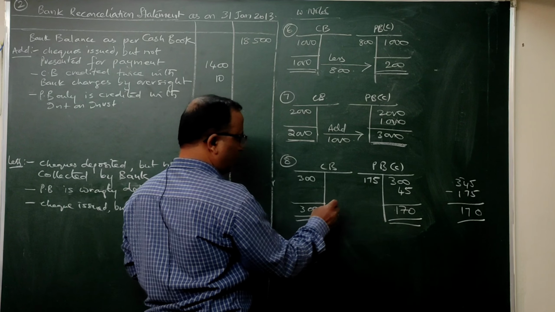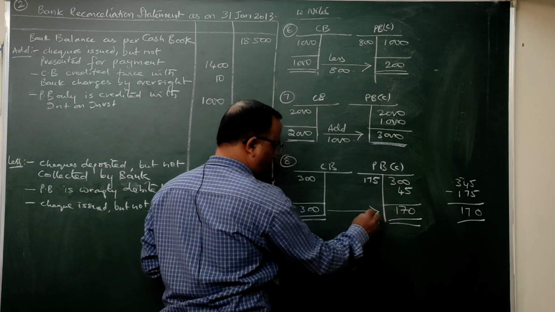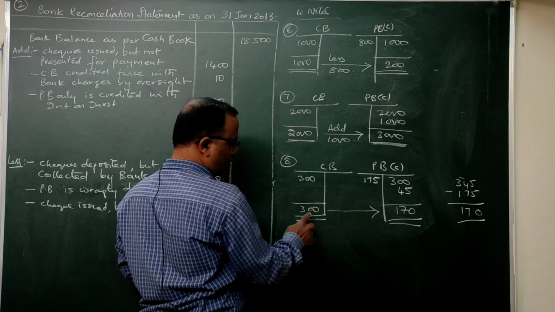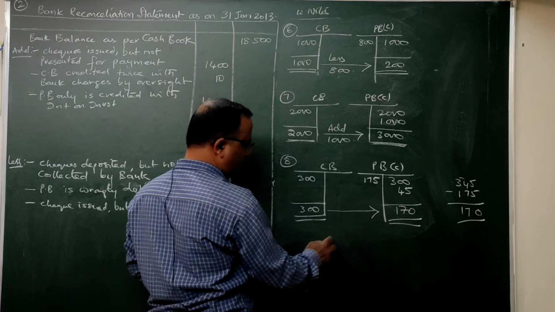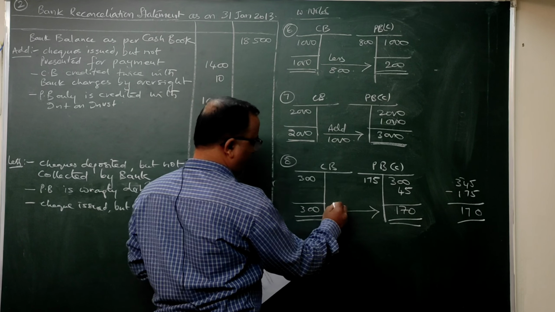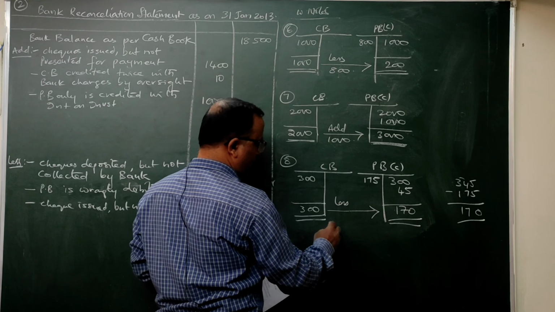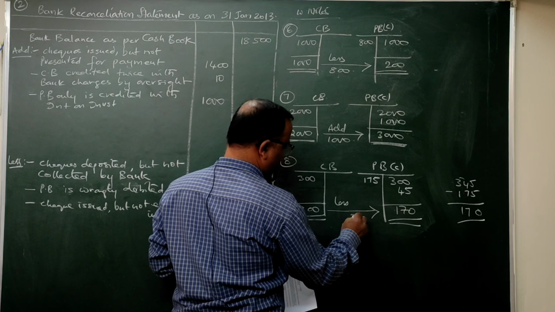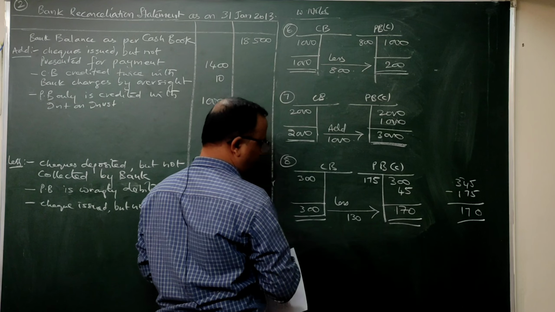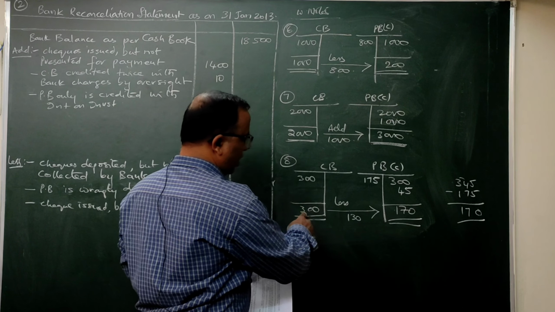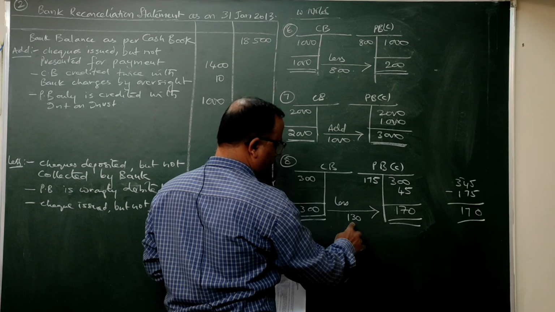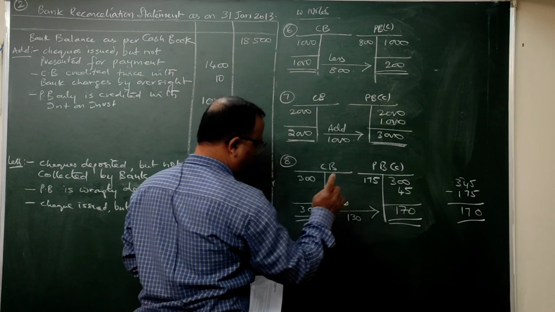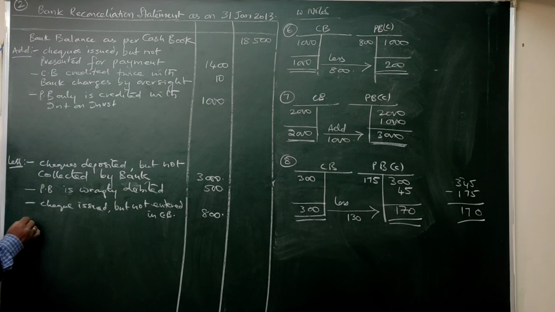So what should we do? Our arrow mark will point towards the constant side. 300 should be converted to 170. So from this 300 we should subtract how much? 300 minus 170, what is the difference? It is 130. So from this, what are we going to write?